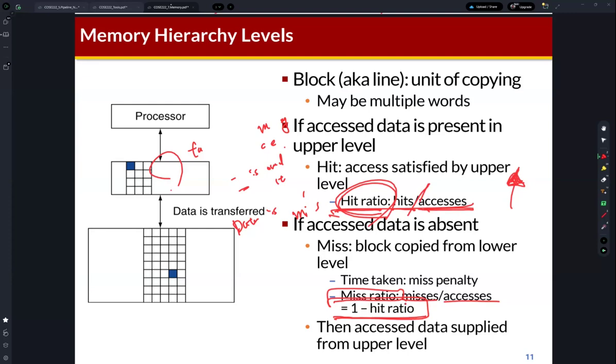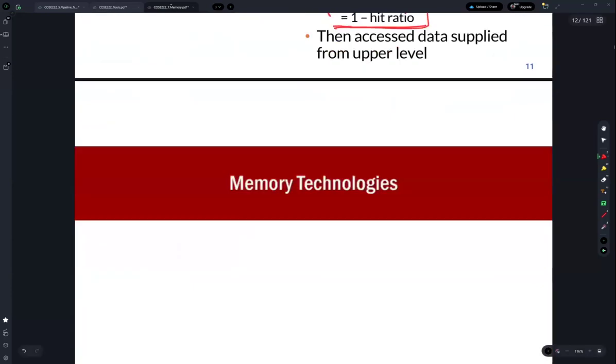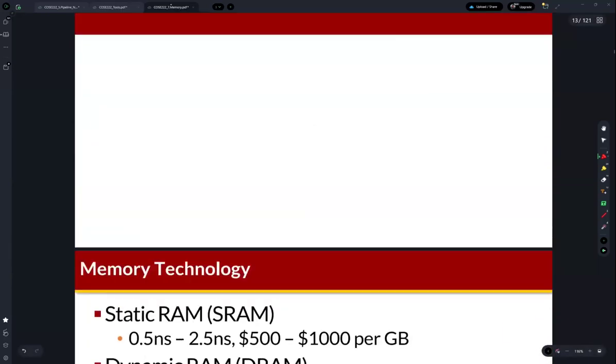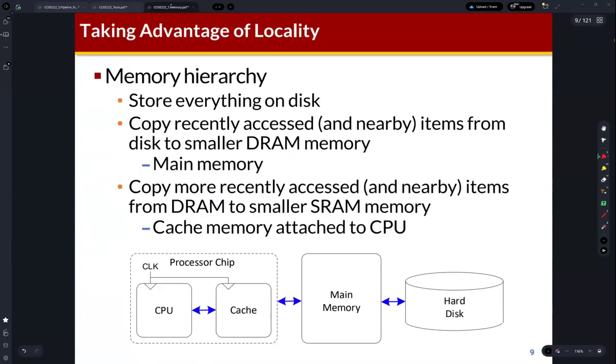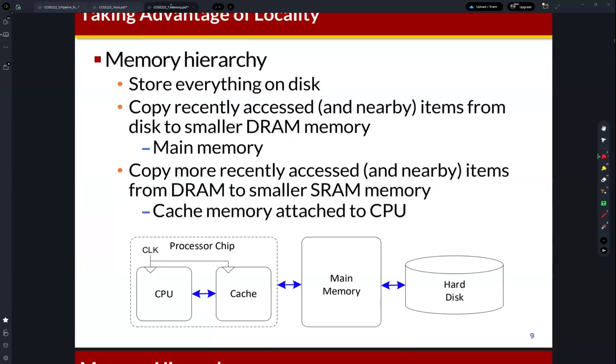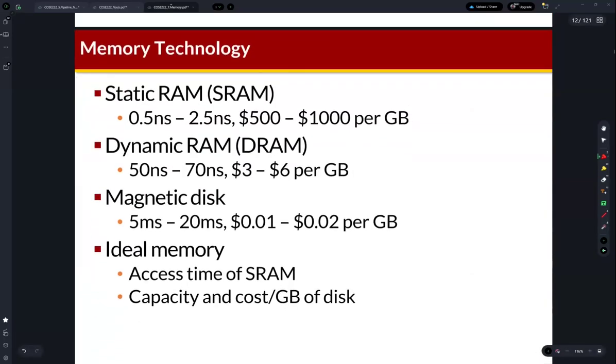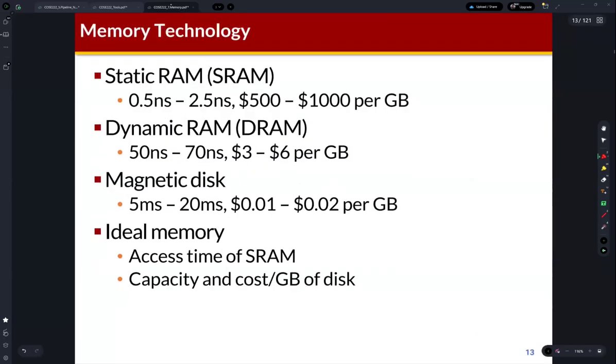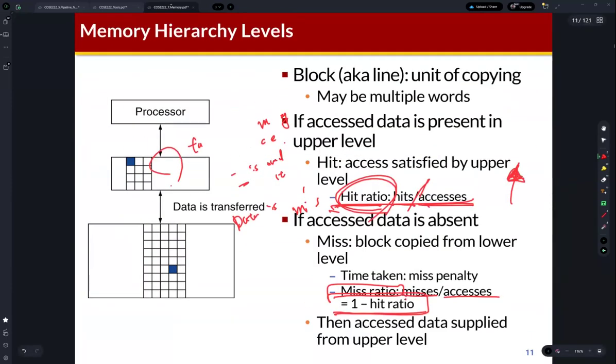So I explained the hit and miss in the memory hierarchy. This is some basics of memory hierarchy, and I briefly explain the memory technology. Then, why do we use the memory hierarchy? And why is a certain memory fast and a certain memory slow?